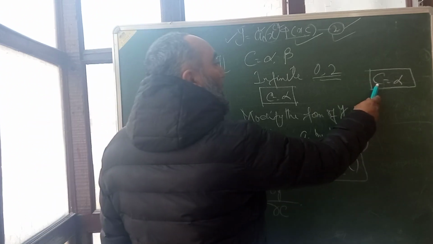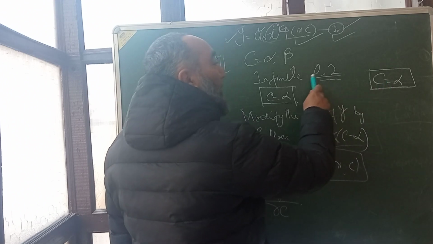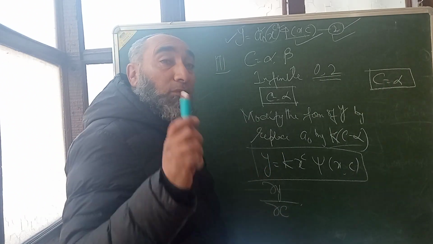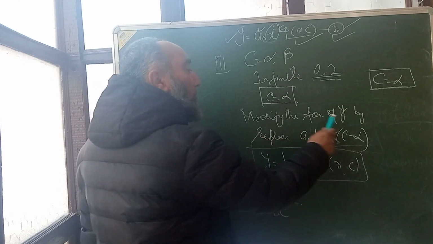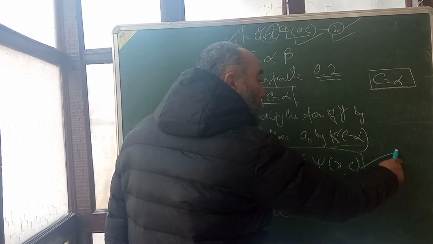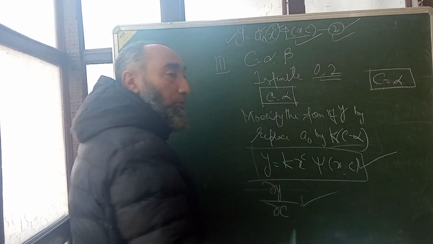If roots are different and differing by an integer, and making some of the coefficients infinite, then I modify the form of y, and the solution is given by that modified form of y and its partial derivative.